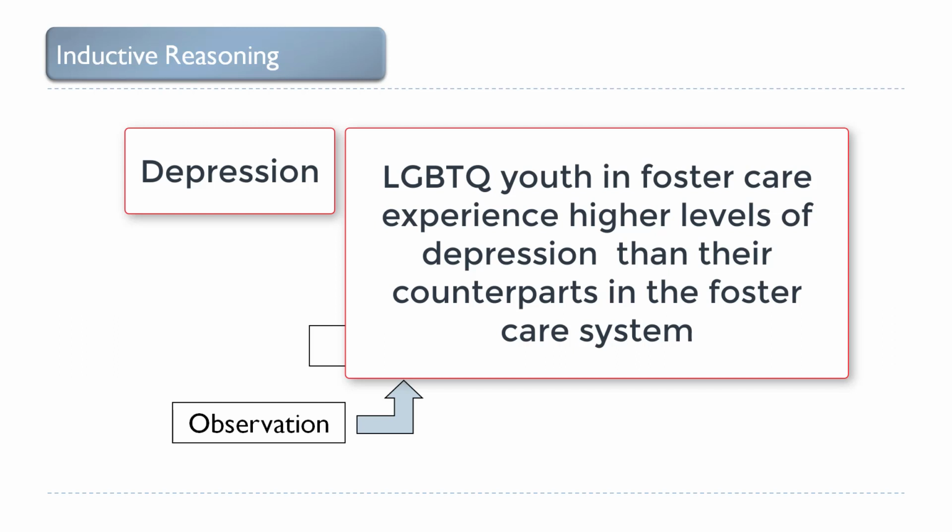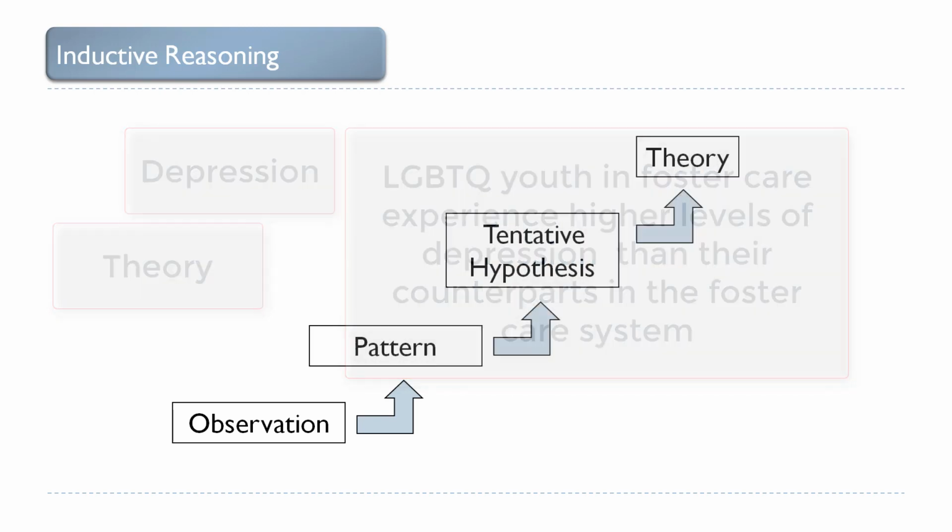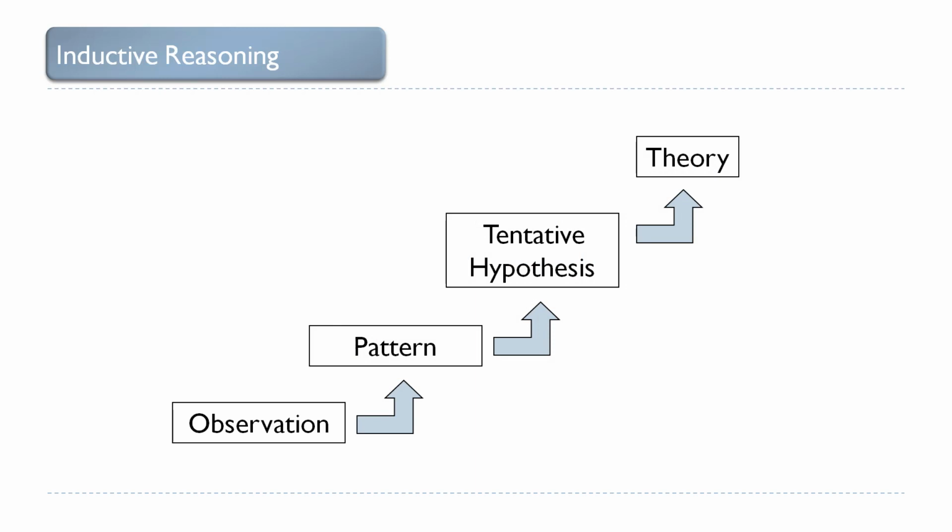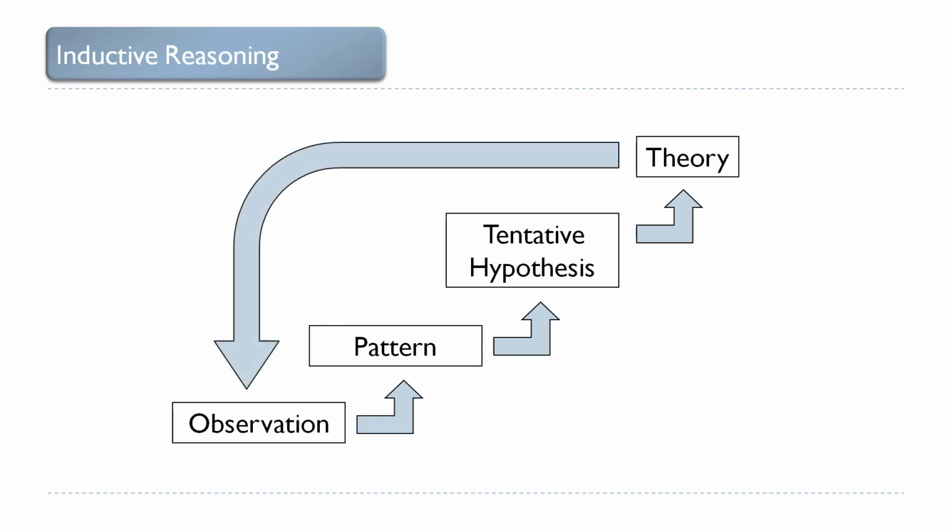And then when we come up with that hypothesis, we might also think about a theory that would explain that hypothesis. So we look back to our data. All the way back. And we look and see what could be happening in the lives of these youth that is leading to that depression. And lo and behold, let's say, and I'm making this up, although I think it's true from my cursory reading of other research on this, that LGBTQ youth in the foster care system experience a lot of isolation.